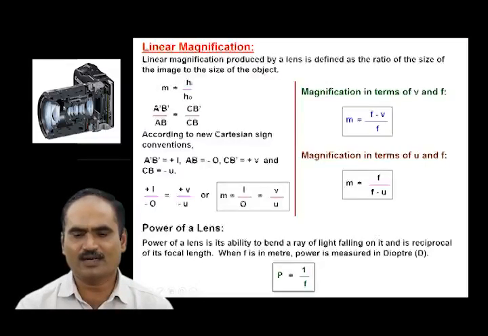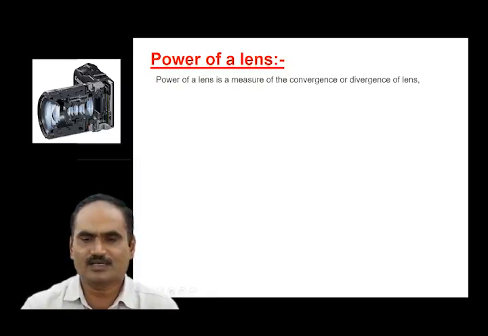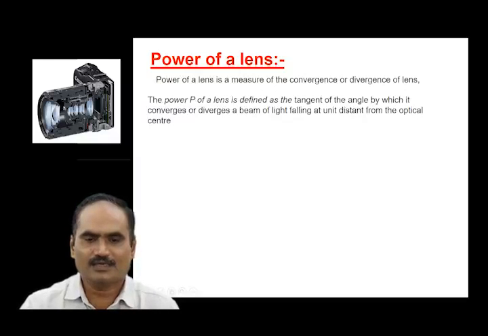And in a more systematic manner, let us see what the power of a lens is. Power of a lens is a measure of convergence or divergence of the lens, how strongly it will diverge or converge. It can be defined in another way: the power P of a lens is defined as the tangent of the angle by which it converges or diverges a beam of light falling at a unit distance from the optical center.